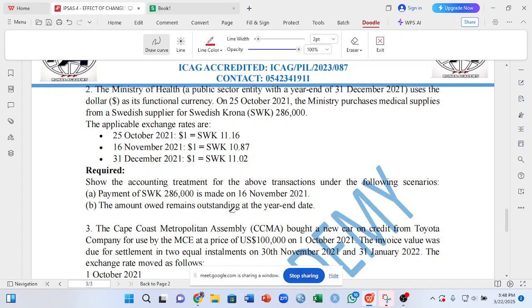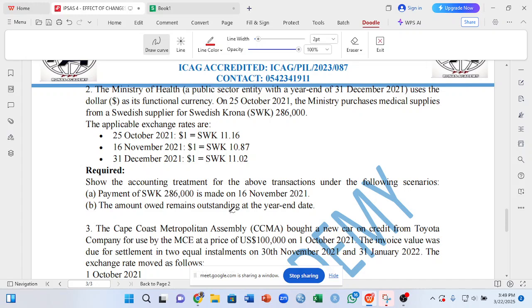The Ministry of Health, a public sector entity with a year end of 31st December 2021, uses the dollar as its functional currency. On 25th October 2021, the ministry purchases medical supplies from a Swedish supplier for Swedish krona 286,000.